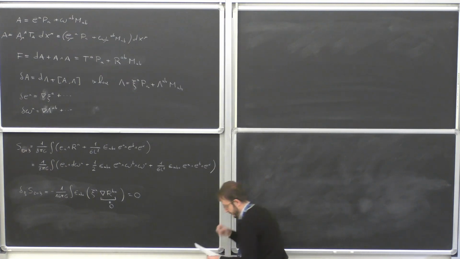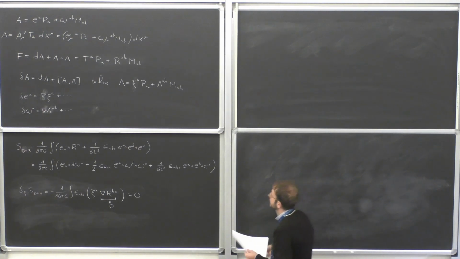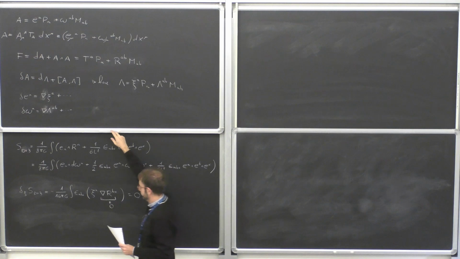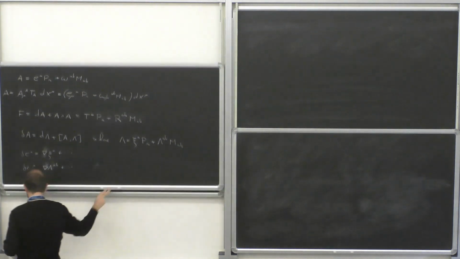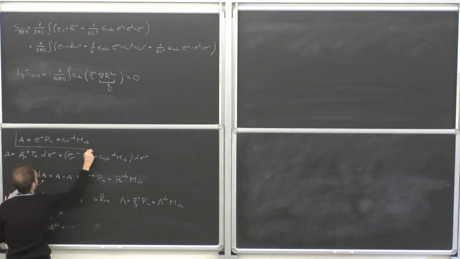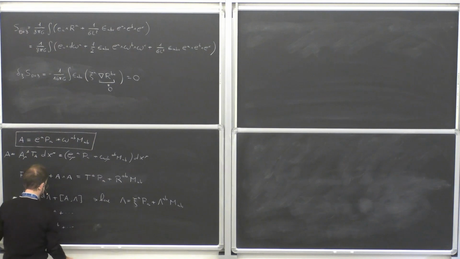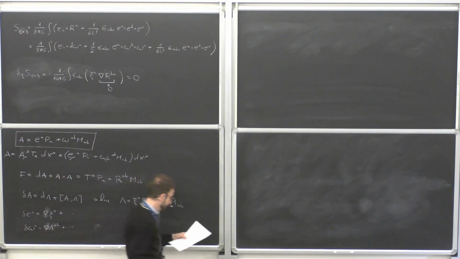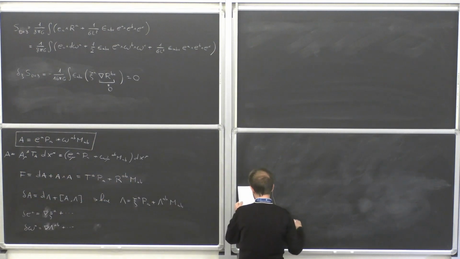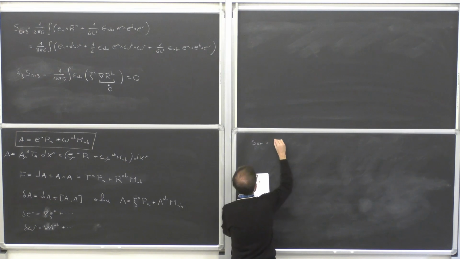So after all this discussion, what we discovered was that if I do what I've done here, so if I put everything inside this connection there, I can rewrite the Einstein-Hilbert action in this form. And this is where we stopped yesterday.